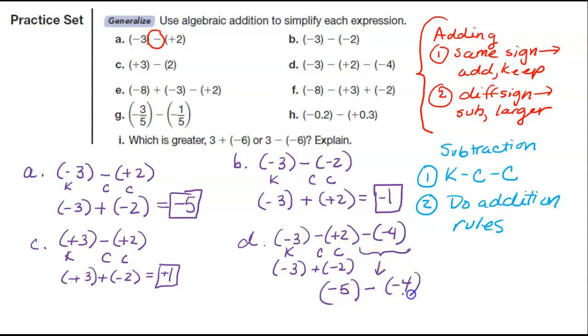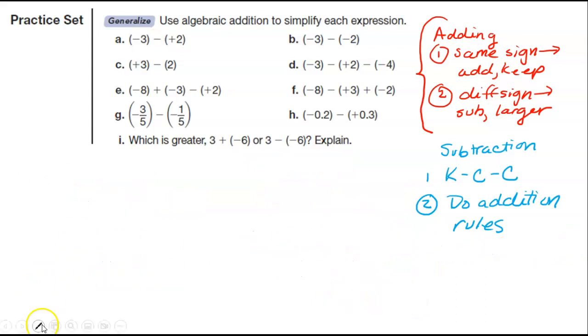Negative or minus, okay. So then I'm going to keep, change, change again. I'm running out of space. I'm sorry, I thought I had enough room. So I have -5, keep, change, change. So these are different signs, so I subtract. 5 minus 4 is 1, and I take the sign of the larger. Okay, let me erase this and keep going.